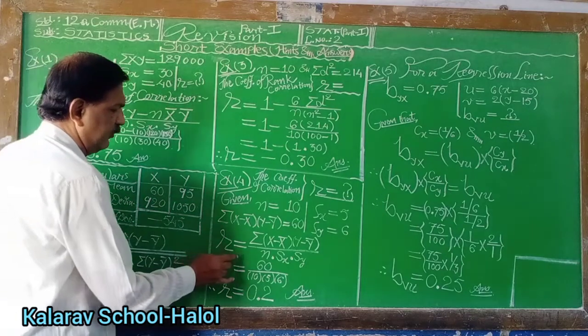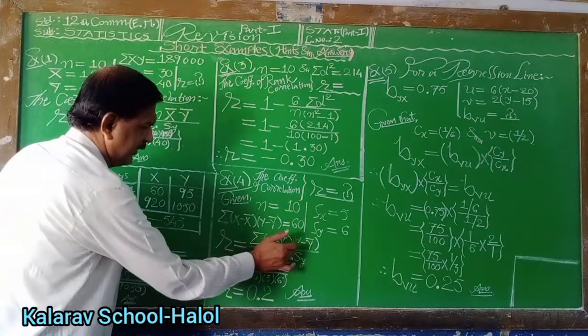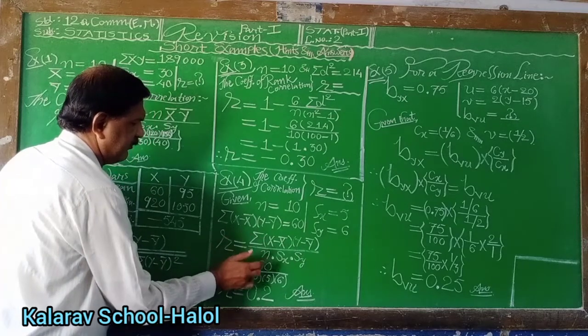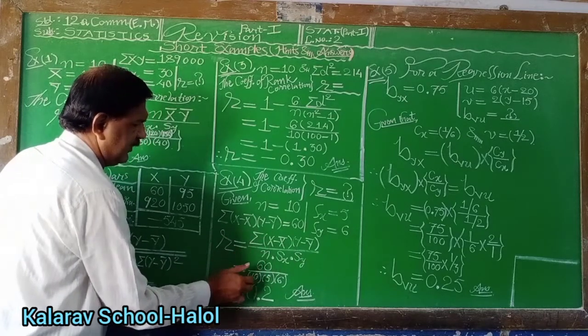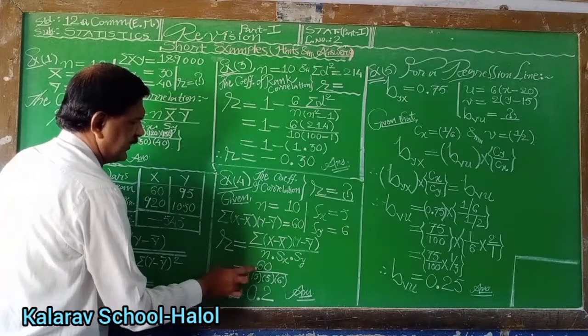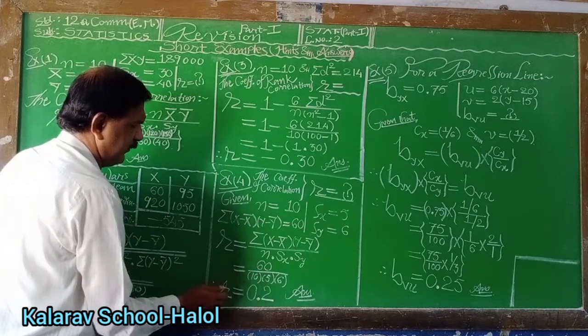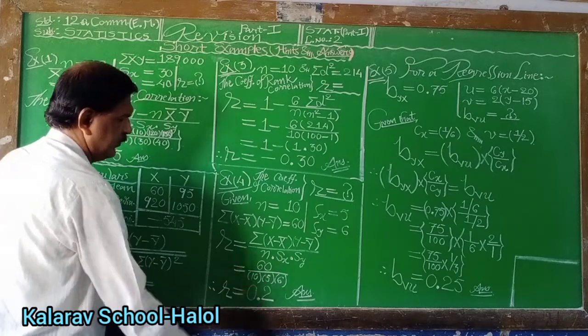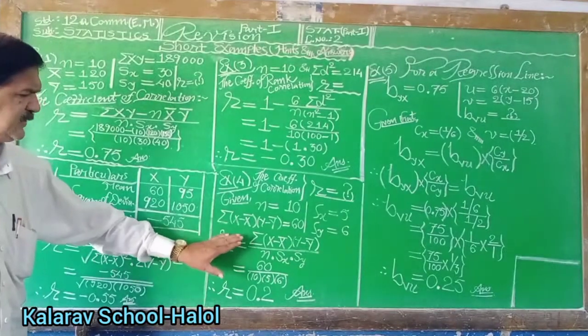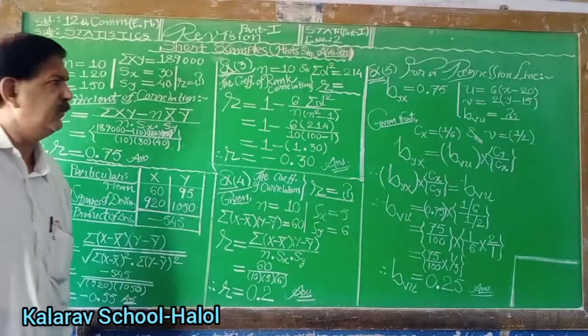R is equal to sigma x minus x bar into y minus y bar upon n times sx into sy, which is 60 upon 10 into 5 into 6, means 60 upon 300. The answer will be 1 upon 5, so r equal to 0.2. Please be careful about simplification and calculation.